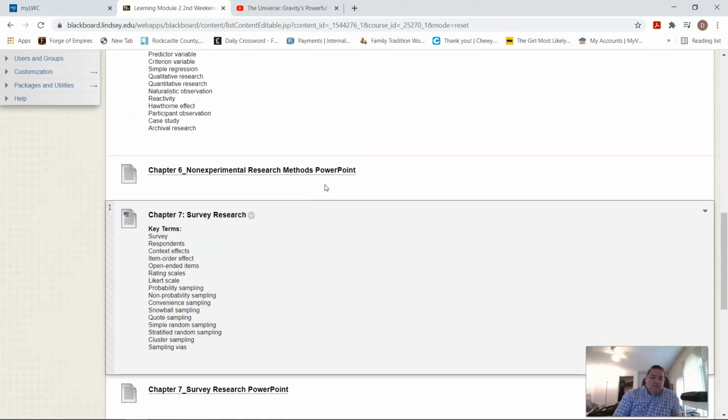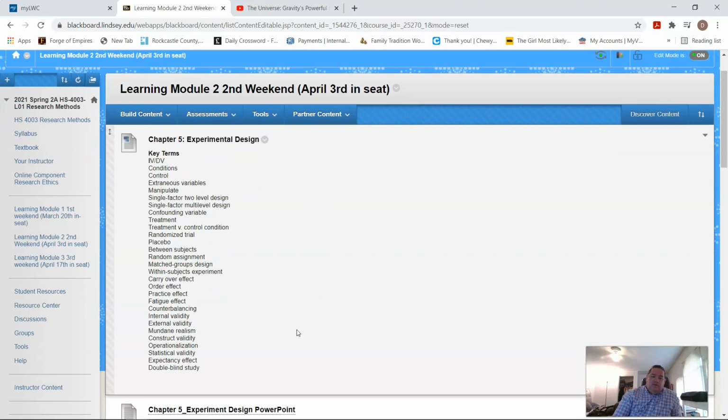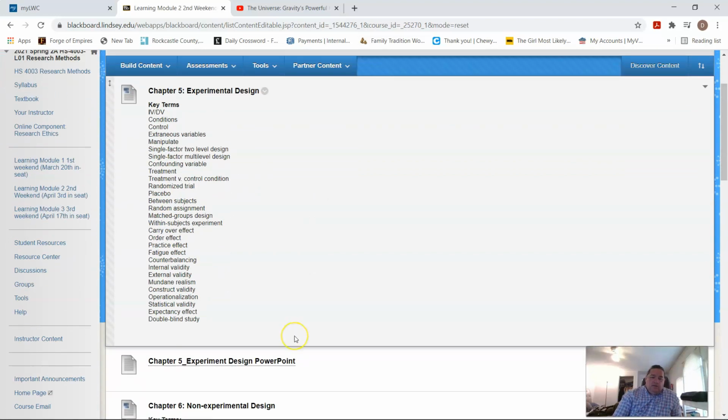So if you understand most of the key terms, you'll do well on most of the tests. And some of it you're going to have to know or be able to look up to get an A or better. So I wish you all luck on your exam, and have a good weekend.